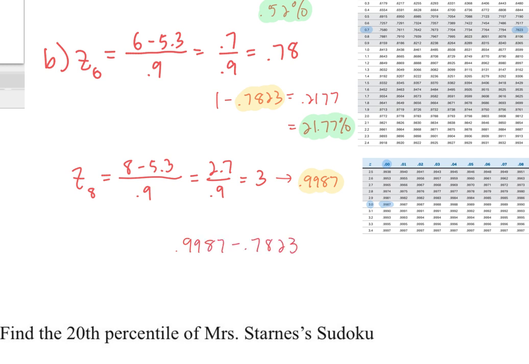Anytime you want to find in between two, just subtract the percents that you find for each one. So 0.9987 minus 0.7823 is 0.2155, so 21.55%.